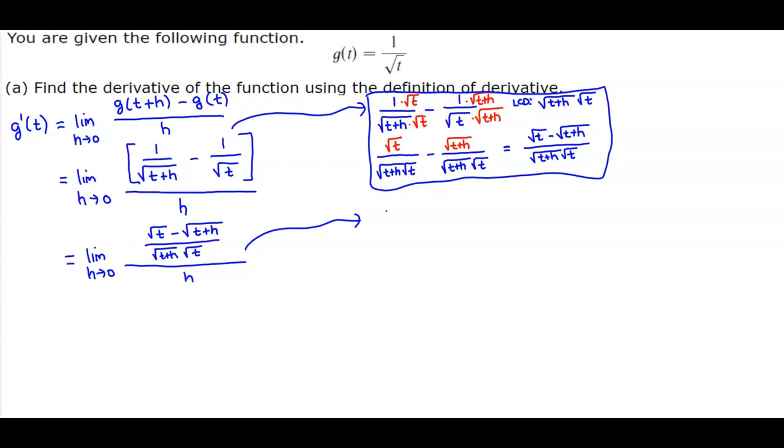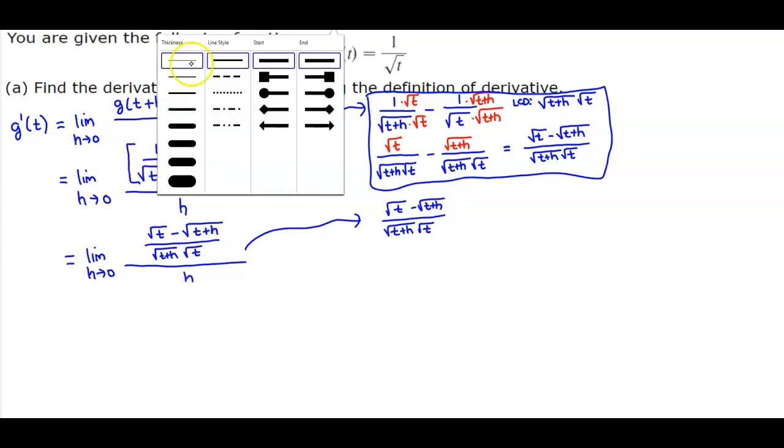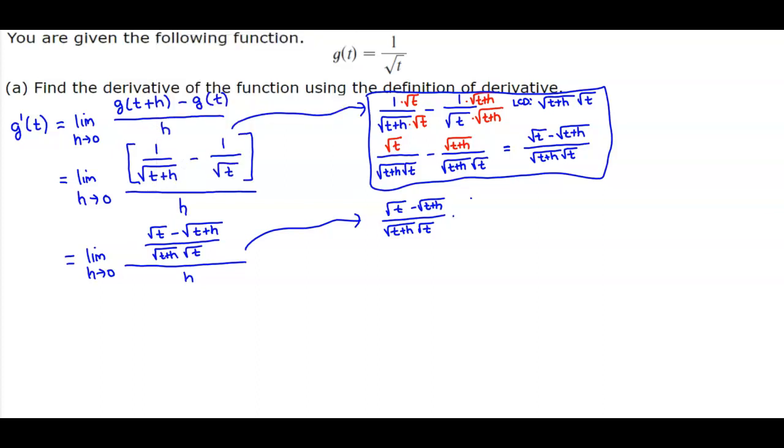That means we're taking the square root of t minus the square root of t plus h over the square root of t plus h times the square root of t. And remember, we're dividing it by h. And if we're dividing that by h, it's the same thing as changing this to the reciprocal. So that means we're multiplying it by 1 over h.